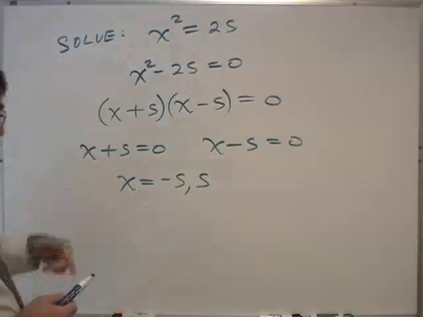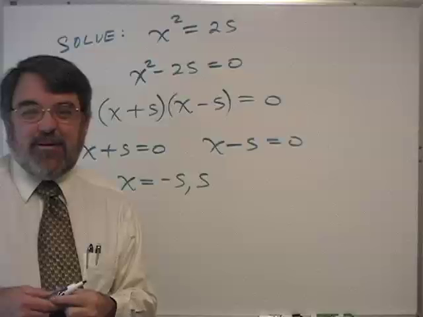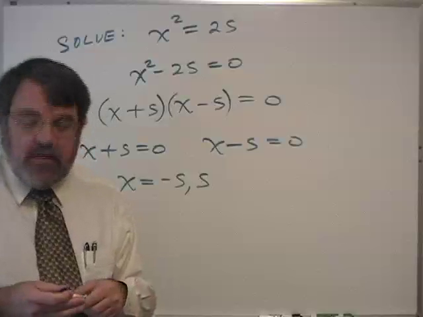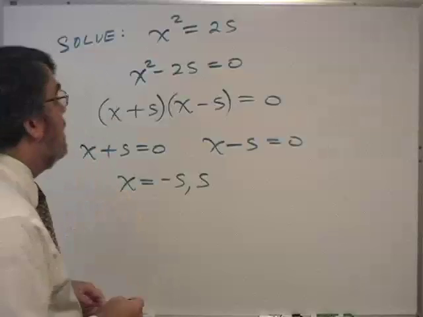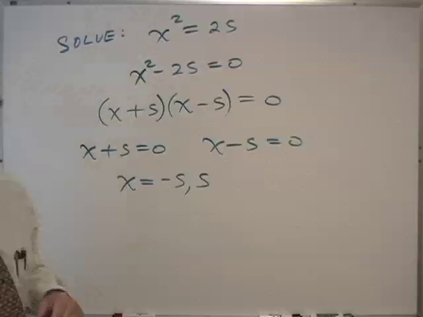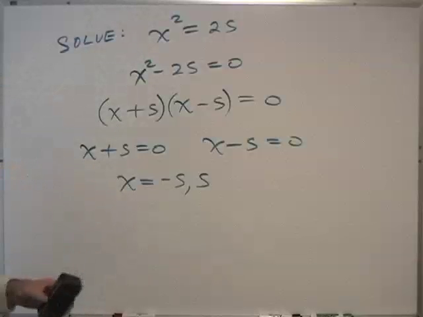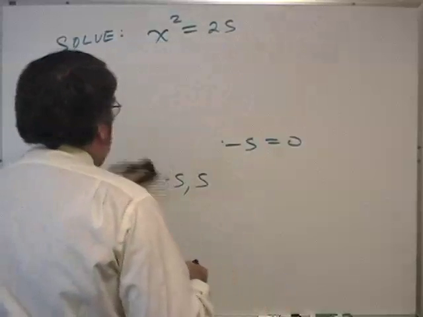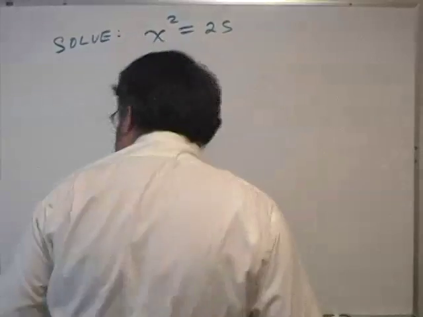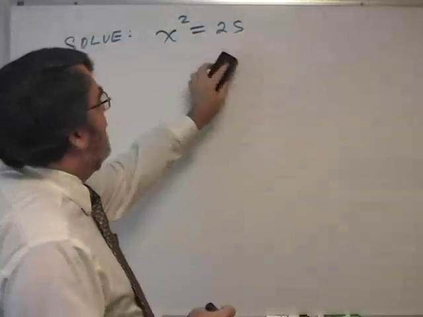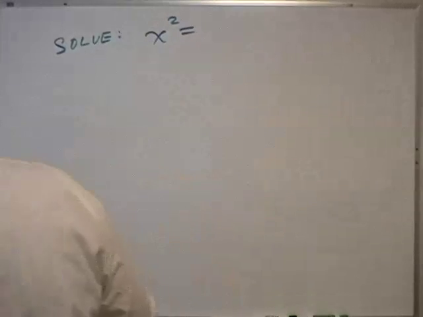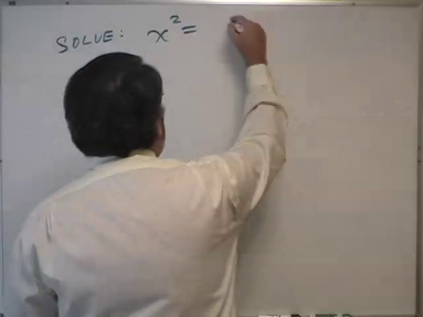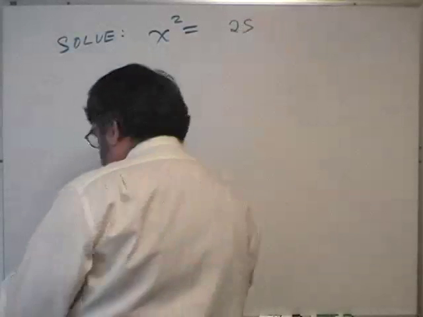But this seems to be a bit of work. And so why not take advantage of the square root? So let's remember now that you've got two answers here. I'm going to go back to the beginning, and for reasons that'll be apparent in a minute, I want to put a little space here between the equal sign and the 25. All right.